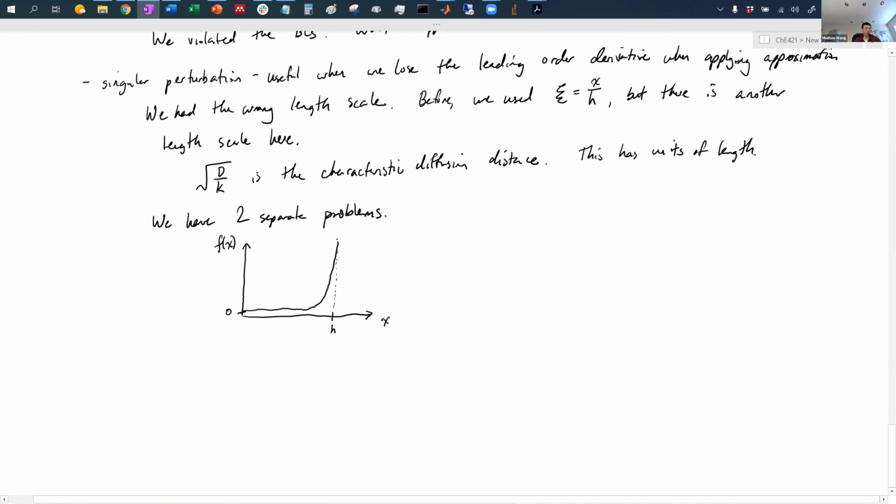And what we have here is somewhere in this length right here, which could have a length of d over k. Okay? Kind of works out too, when k gets really large, then this length gets really small, right? We have what we might call a boundary layer problem.